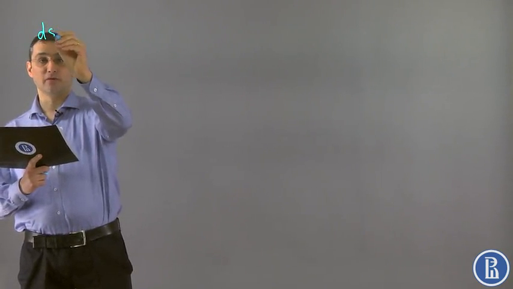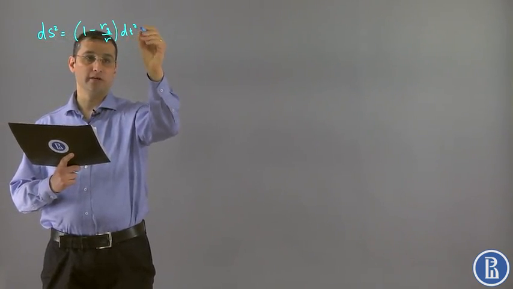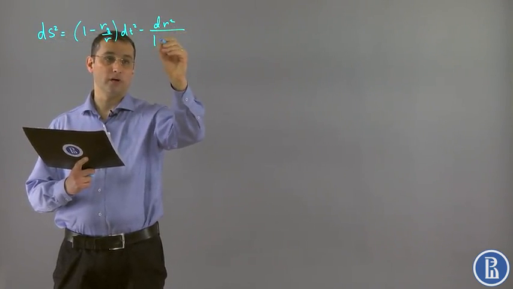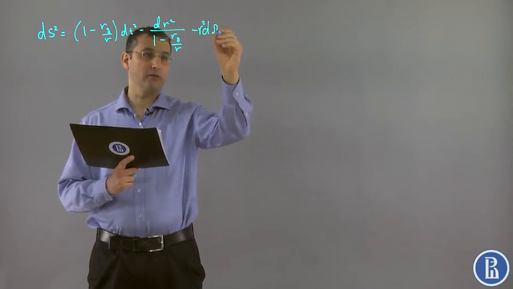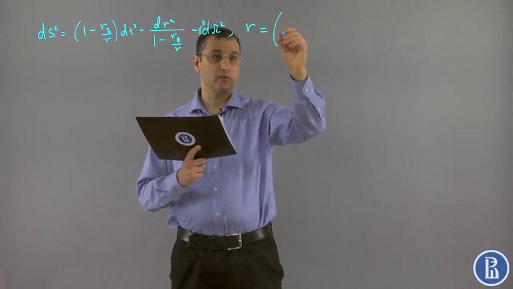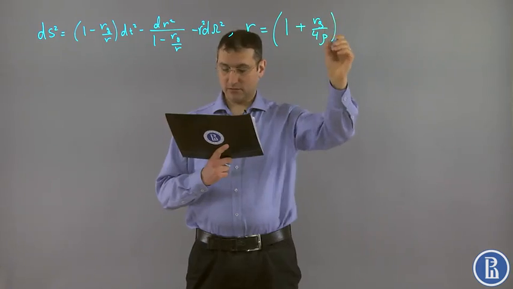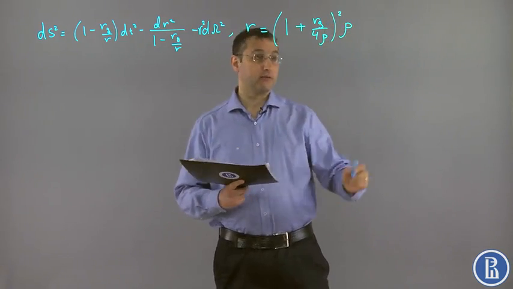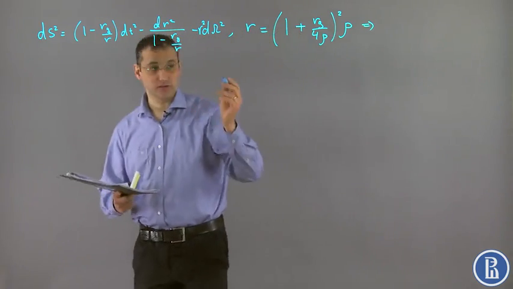So, consider the Schwarzschild metric. As you remember, it is as follows: (1 minus r_g over r) dt squared minus dr squared over (1 minus r_g over r) minus r squared d omega squared. And let us make the following coordinate transformation in this metric: r equals (1 plus r_g over 4 rho) squared times rho. To do it remains as a home exercise for those who listen to these lectures.